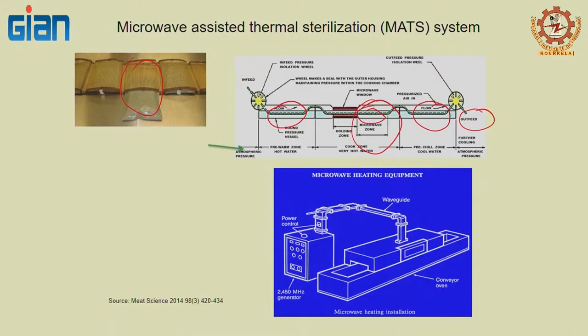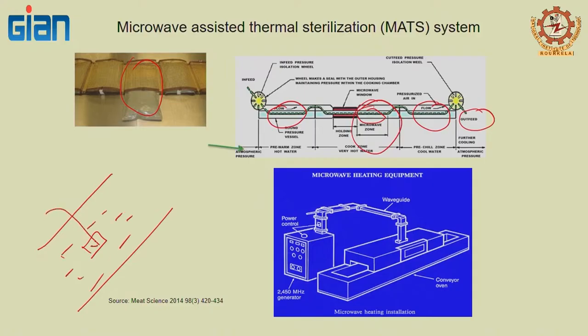One, the product receives microwave, and you have volumetric heating. The second, the water where the product is suspended receives some heat treatment through microwave, and that raises the temperature, and that heat is also transferred into the product. Let us imagine this is your treatment chamber, this is your pouch, and this is your water.